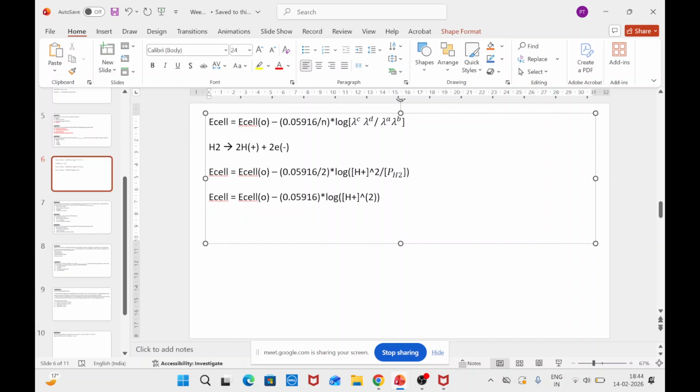Oh, sorry, the whole square I have already written; I have already cancelled, right? So it will be this much. So can you write pH as minus log 10 of H plus ions? pH is defined as minus log.